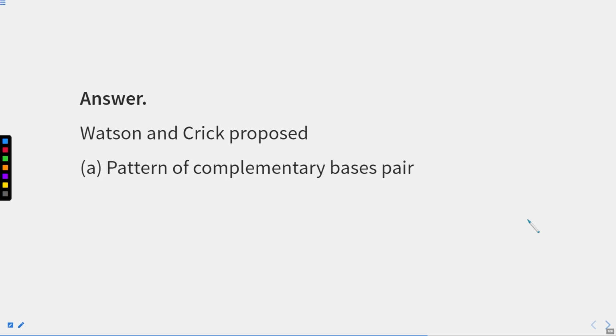Now, what did Watson and Crick propose? First of all, they proposed a pattern of complementary base pairing, meaning A pairs with T with the help of 2 hydrogen bonds, and G pairs with C with the help of 3 hydrogen bonds. Semi-conservative replication: actually, Meselson and Stahl proposed the semi-conservative replication, but Watson and Crick also had some role in proposing it.